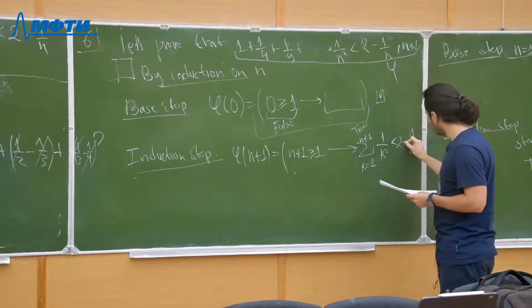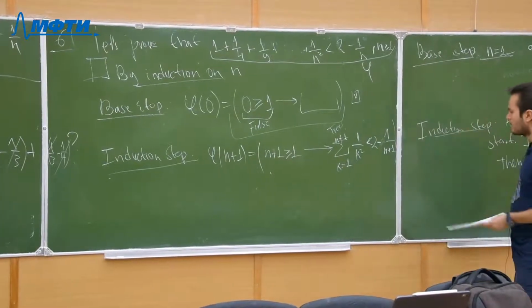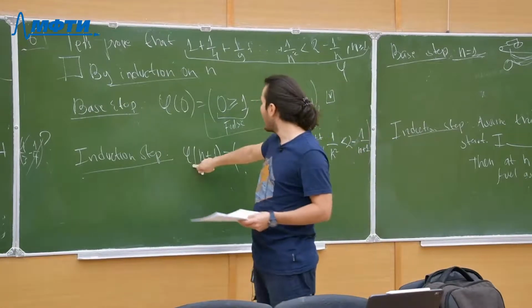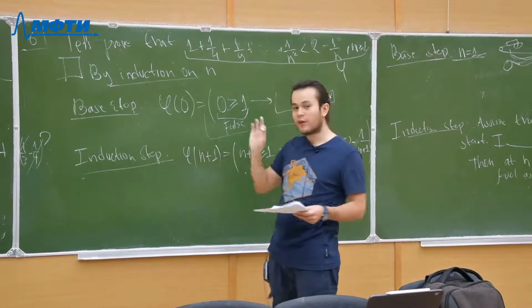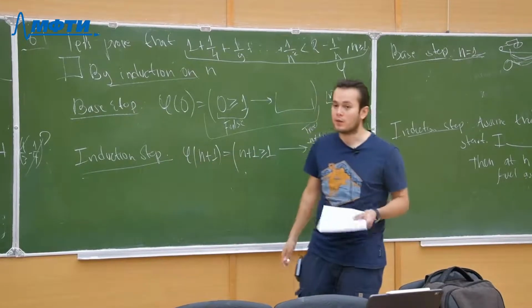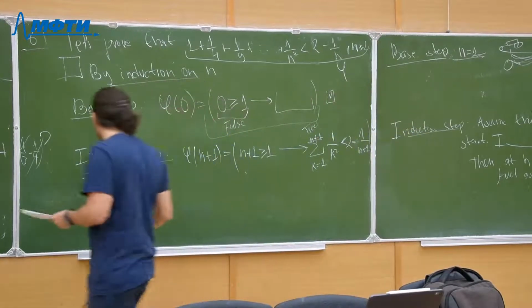So I assume that phi of n holds, and now I have to show that phi of n plus 1 holds, okay? And we have 2 cases. We have the first case.